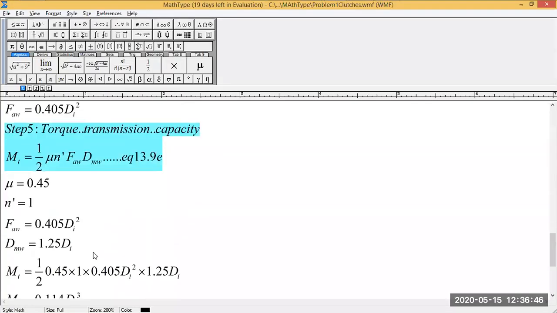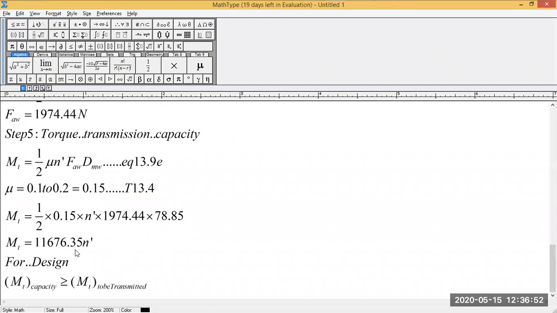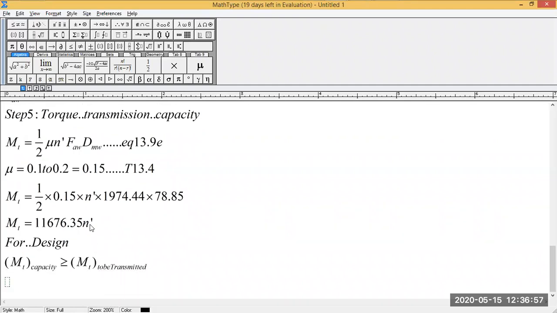From step 5, for design purposes, this should be satisfied: the torque capacity we just found in step 5 should be greater than or equal to the torque to be transmitted.